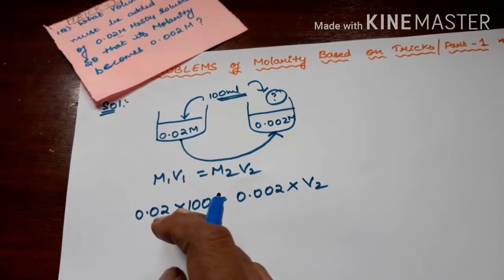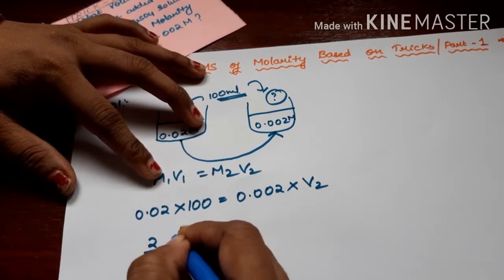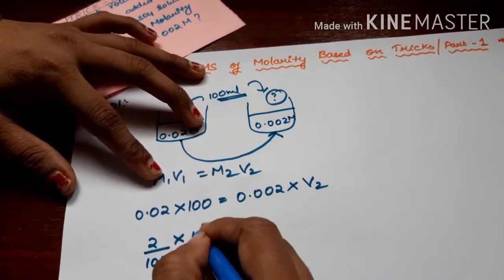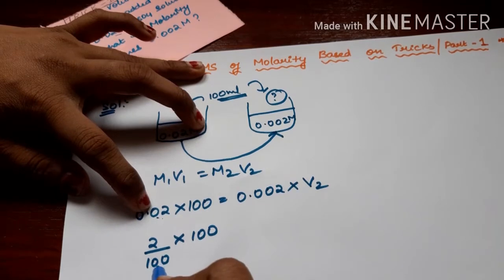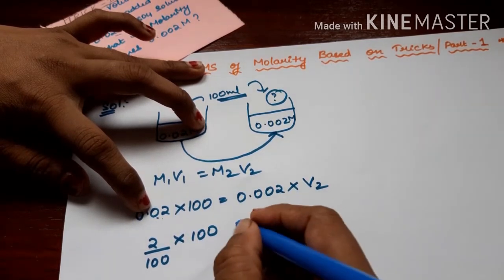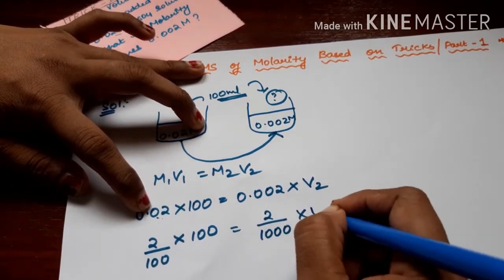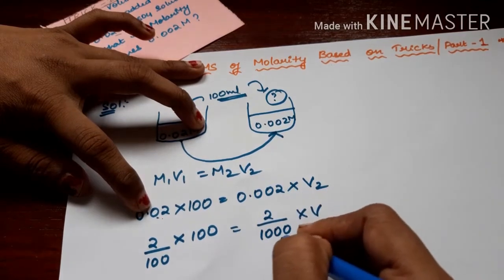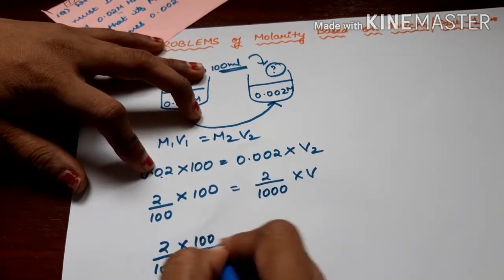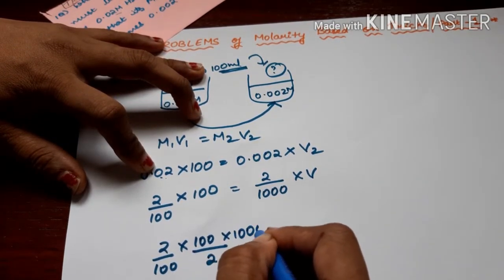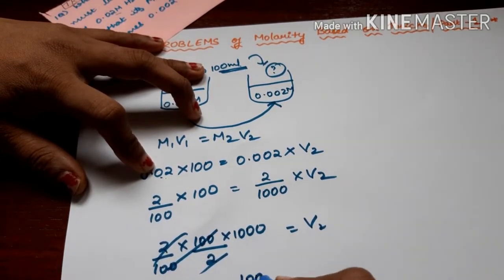I will write the answer this way: 2 by 100 into 100 is equal to 2 by 1000 into V2. After the decimal there are 2 digits, so I have kept 100, and after the decimal there are 3 digits, so I have kept 1000. Cross multiplying, V2 is 1000 ml.